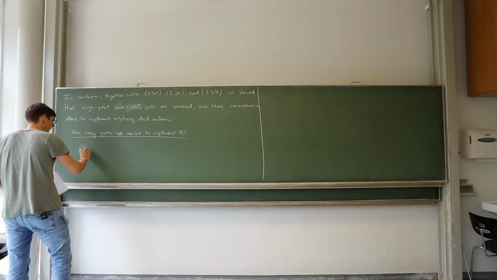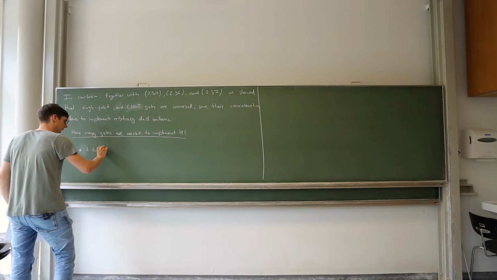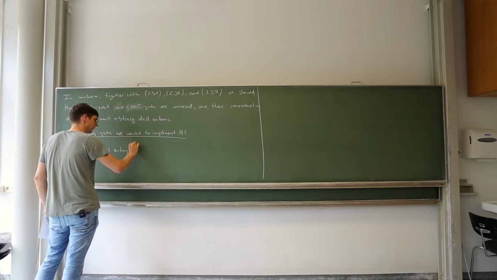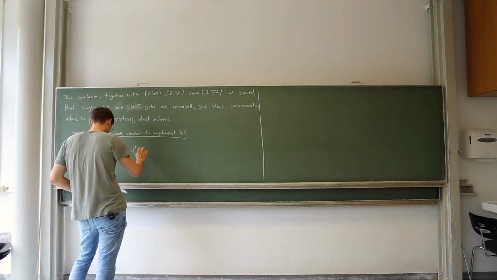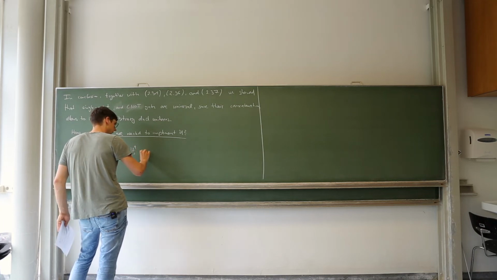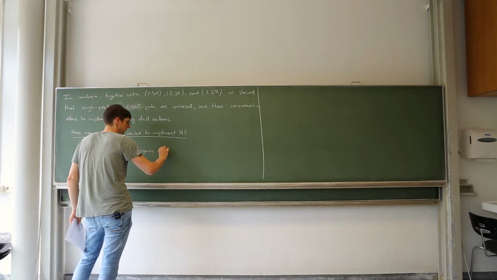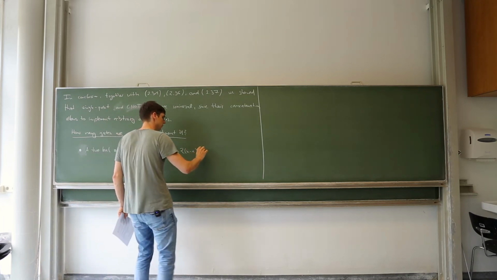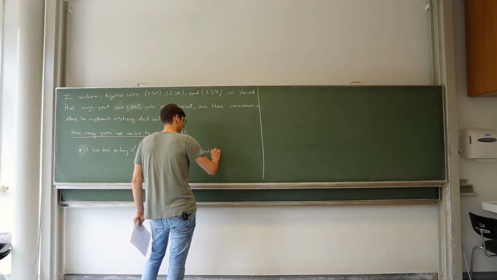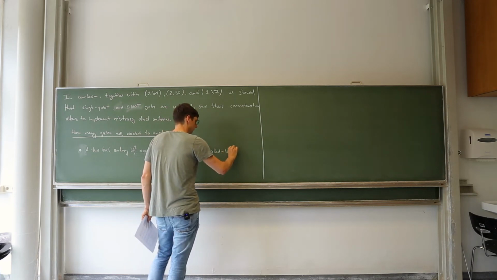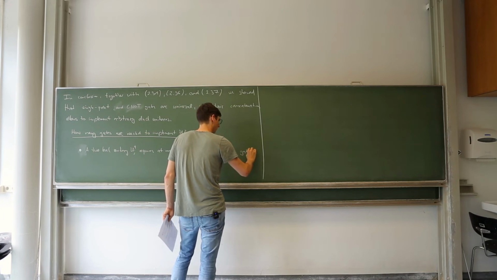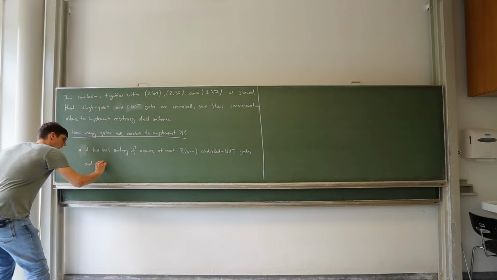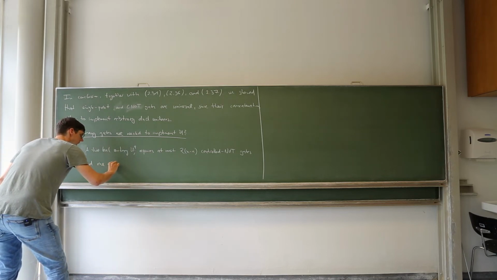So a 2-level unitary, call this U_J dagger, requires at most 2 times n-1 controlled NOT gates and 1 controlled unitary.